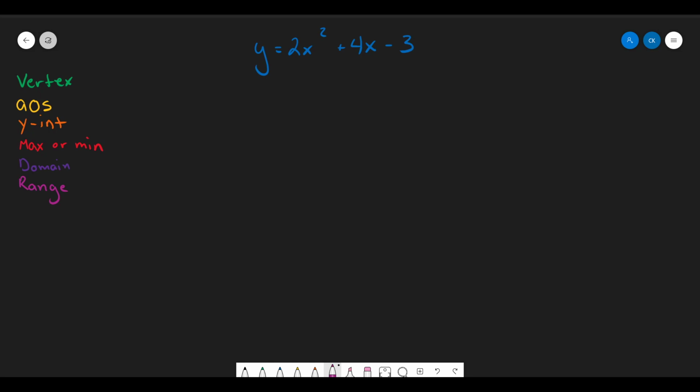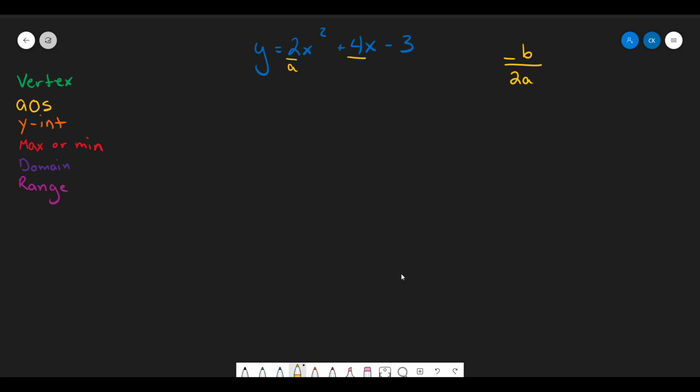Now, the reason we're going to find the axis of symmetry first is because we already know what the formula is to find the axis of symmetry, right? We said before the axis of symmetry is found by using negative b over 2a. All right, so which one is a, which one is b, which one is c? Well, if we remember, the coefficient for the x squared, that's a.